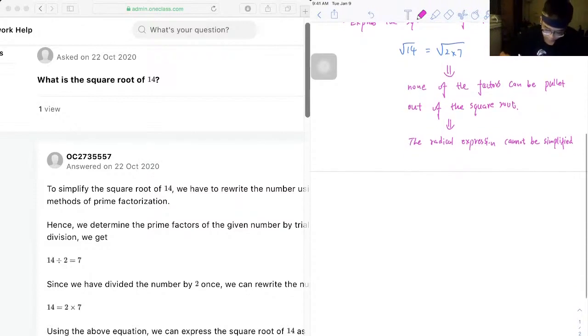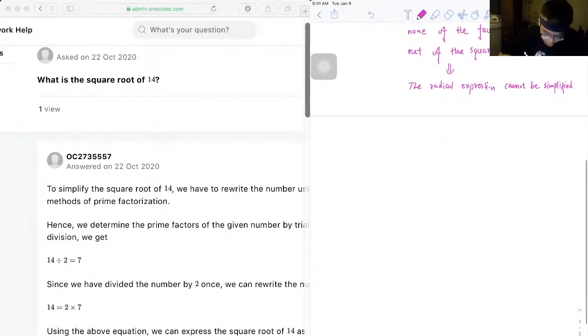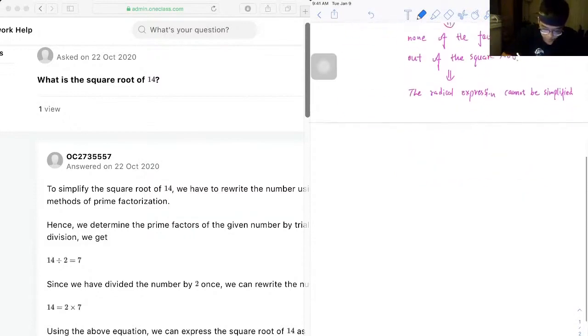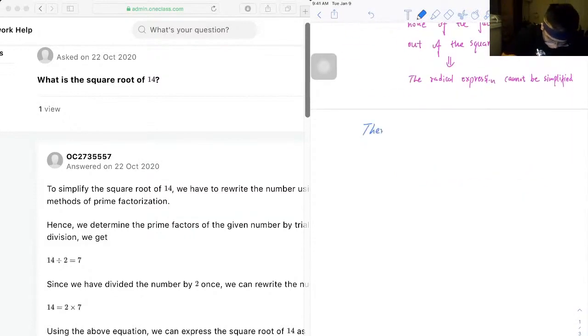Right. So, therefore, we can write our conclusion. The radical expression root 14 is already in simplest form.